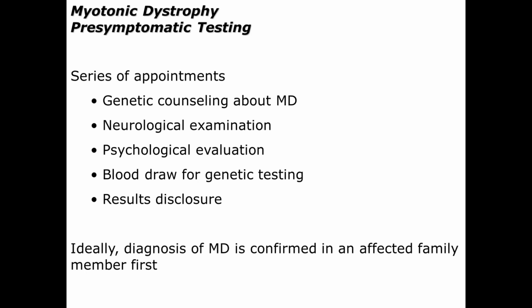Now, when I say genetic discrimination, I'm mainly talking about certain types of insurance or employment opportunities, things like that. Now, what's important to realize is this current moment in time, we have protections in place for our health insurance.